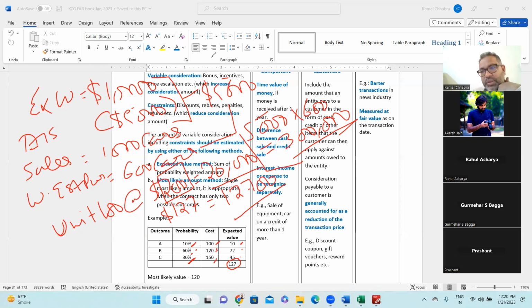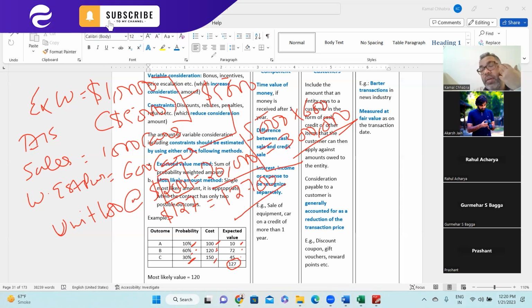In the expected value method, you have different probabilities of collection or recognition, and accordingly you give weight to the respective probable amounts to calculate the expected value. Within this, if somebody asks you to use the most likely method, it is where the probability is more than 50%.